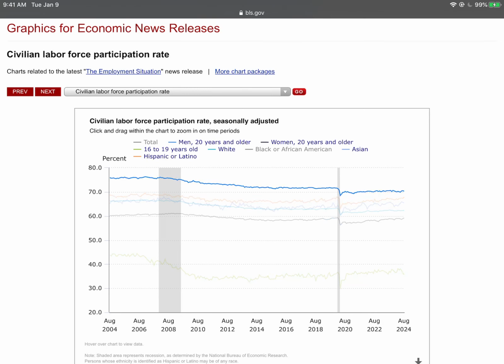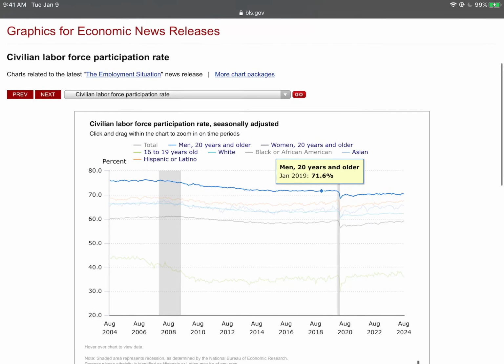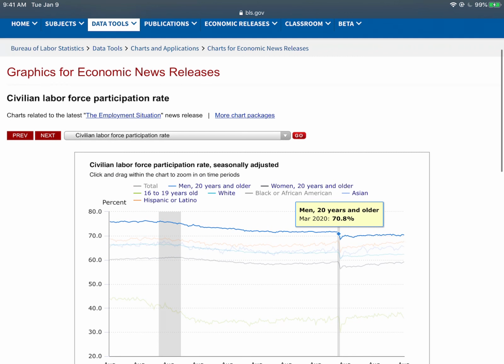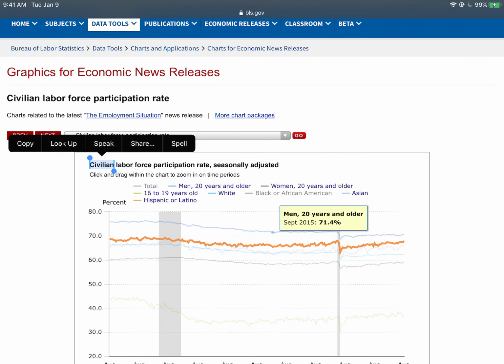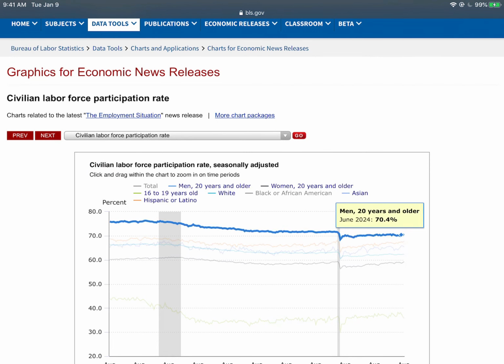So if you are looking at men 20 years and older, it has steadily decreased, with a big drop during COVID-19, and the very latest observation is 70% in August 2024.